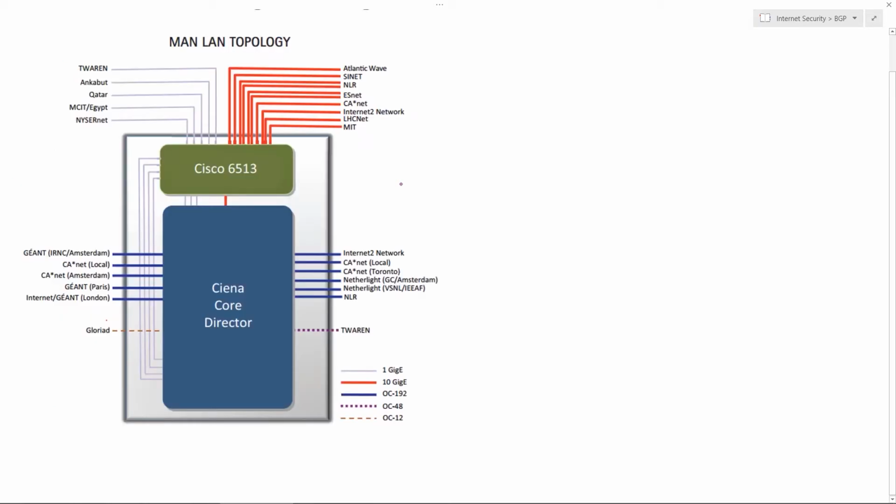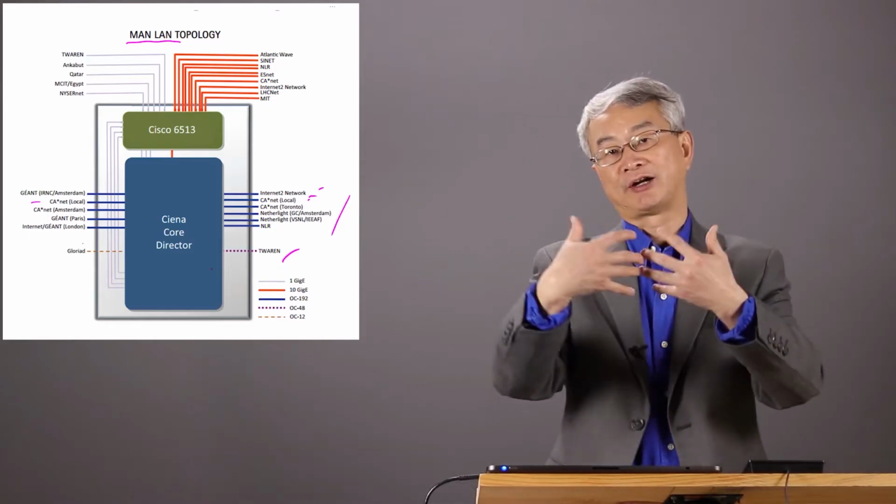This is the one I was talking about in Manhattan, Manhattan Landing. You can see it connects a lot of networks, a lot of huge internet providers. Here you have Taiwan, Canada, and a lot of international backbones coming here and peering with each other, so they can exchange traffic.